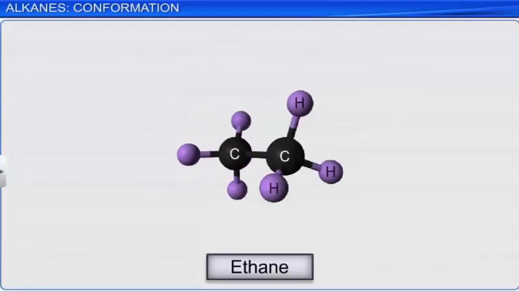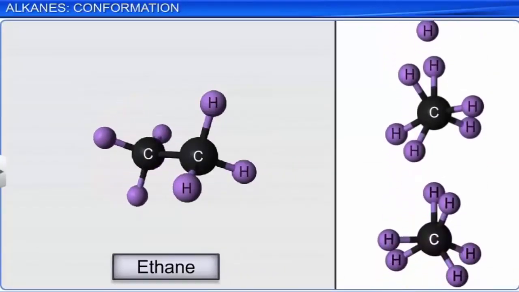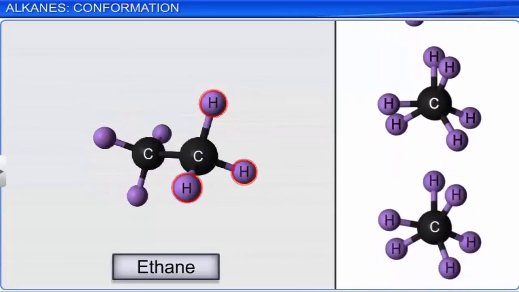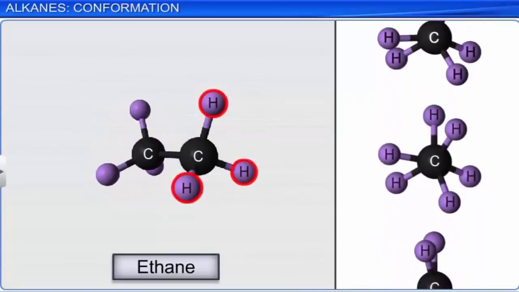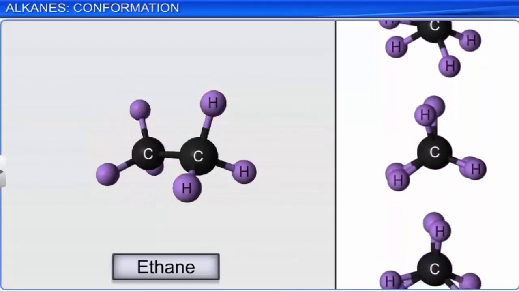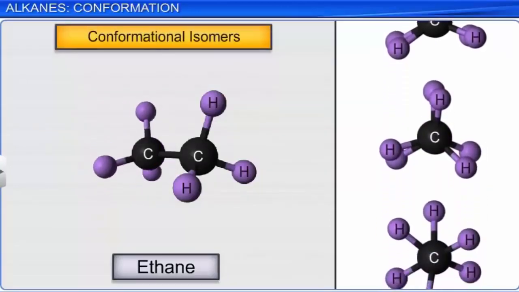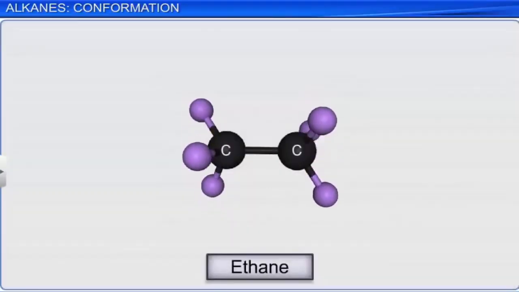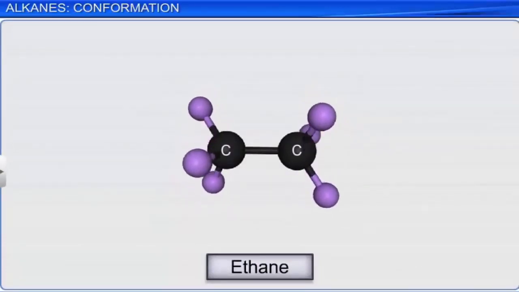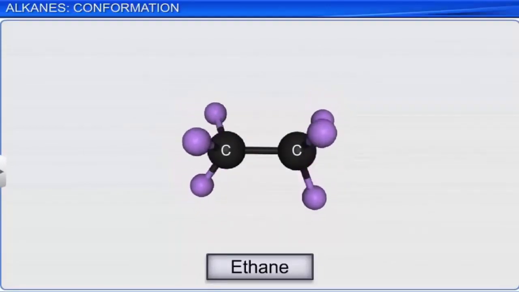You can see that this rotation causes infinite different spatial arrangements of the hydrogen atoms of 1 carbon atom with respect to the hydrogen atoms of another carbon atom. These arrangements are called conformational isomers. In reality, both the carbon atoms will be going through such rotations, thus increasing the number of spatial arrangements.